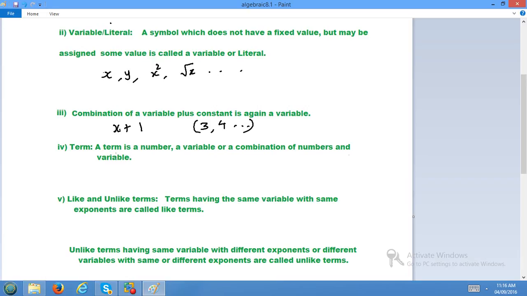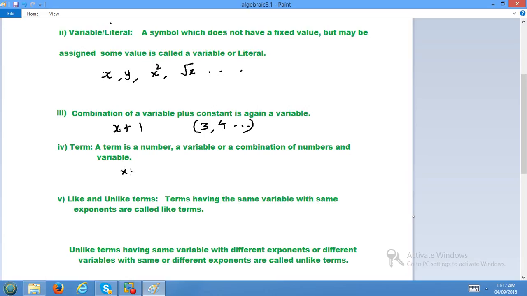Now, term. What do you mean by term? A term is a number, variable, or a combination of numbers and variables. Normally we don't say 5 or 6 is a term; usually it's a constant. A term is a combination of numbers and variables.